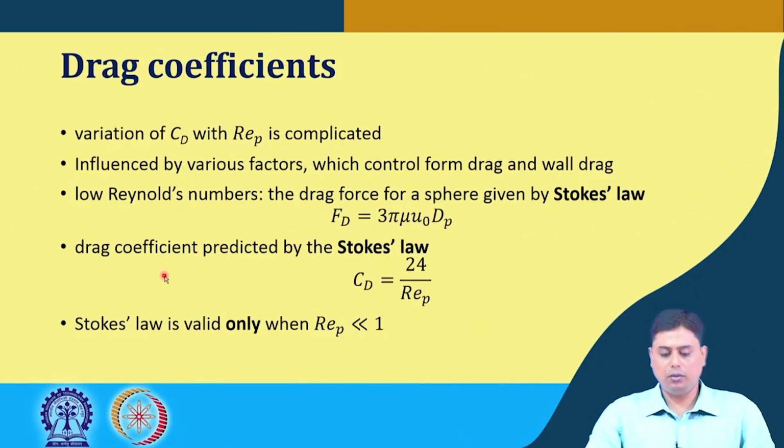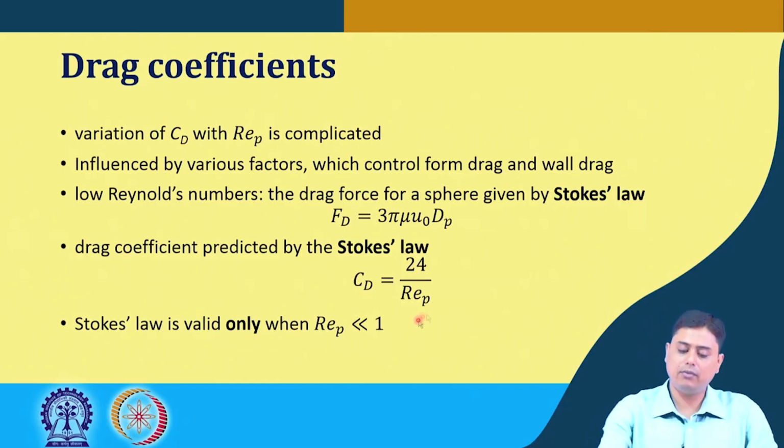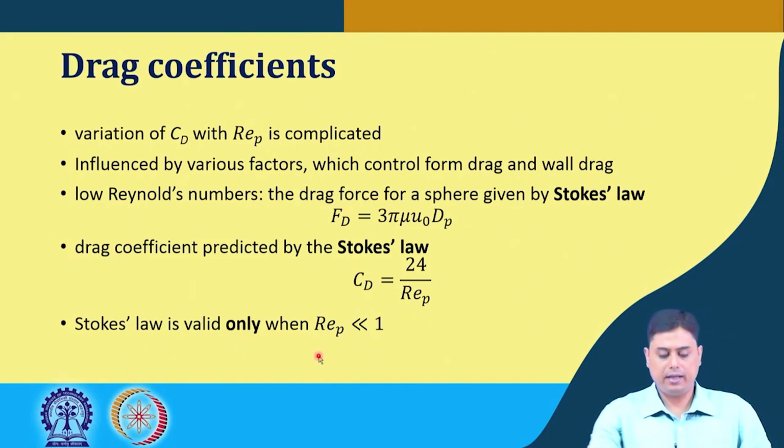Stokes' law gives the CD value for a spherical particle as 24 by REP. Now the condition of validity of Stokes' law, you all know, is that it is valid only when the particle Reynolds number is way less than 1.